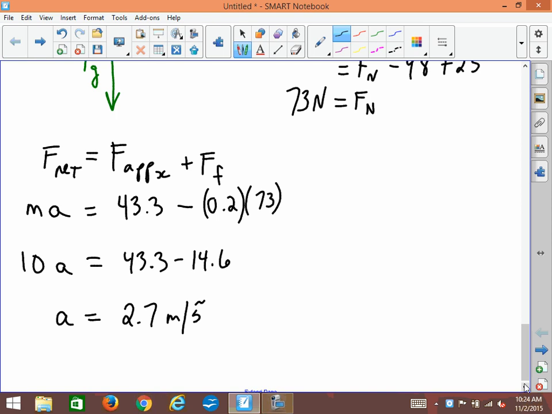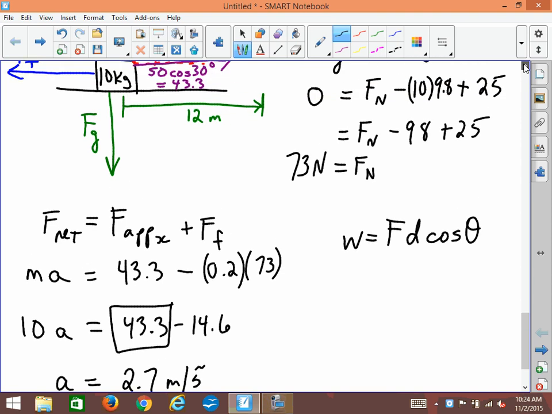Now let's do the work in this case. Well, if we calculate the work equals F times d times cos theta, here's where you've got to be careful. The number 43.3 that we have been using is F applied x. It's already F cos theta, isn't it? So we don't want to put 43 in there. We have two choices.